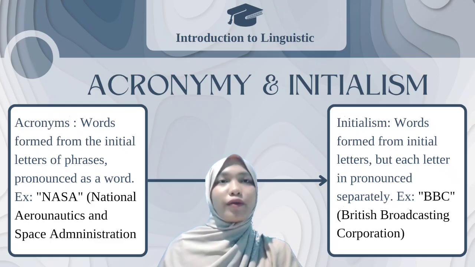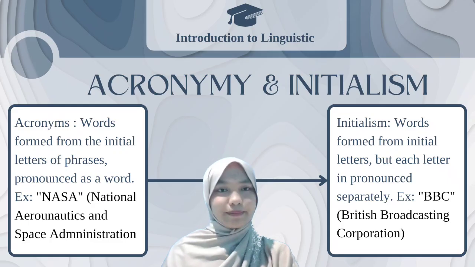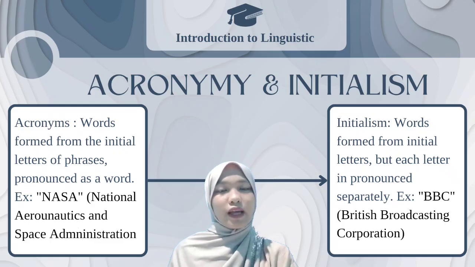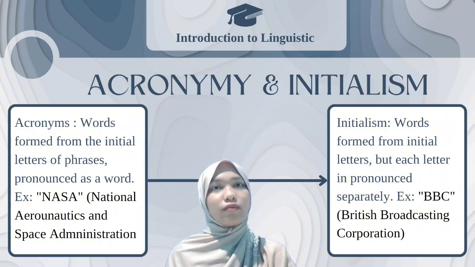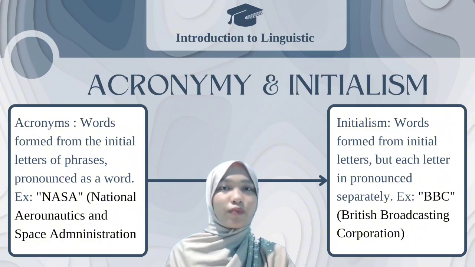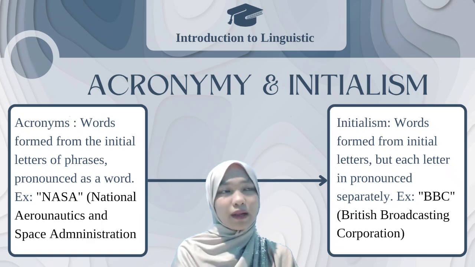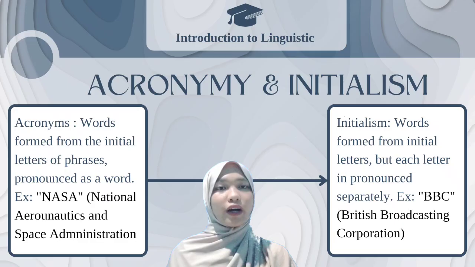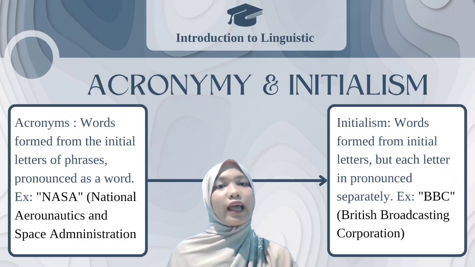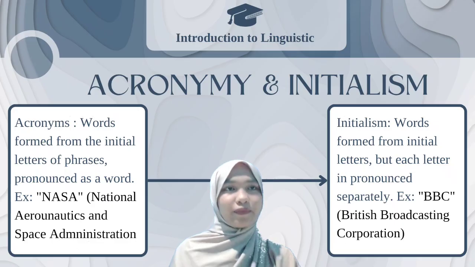Next is acronymy and initialism. An acronym is a word formed from the initial letters of a phrase, pronounced as a word. For example, NASA. So we pronounce it as a word, NASA, not N-A-S-A.